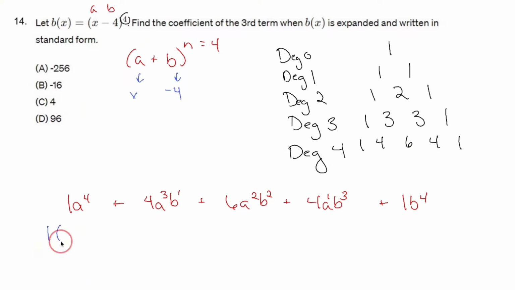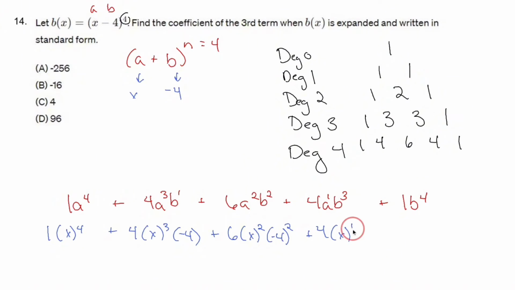So I have 1 times x to the 4th plus 4 times x to the 3rd times -4 plus 6 times x squared, -4 squared, plus 4 times x to the 1st, -4 to the 3rd, plus 1 times -4 to the 4th.